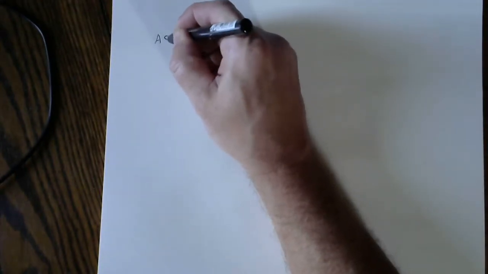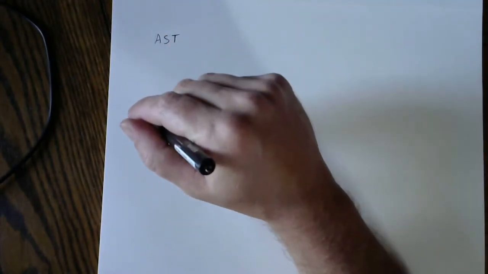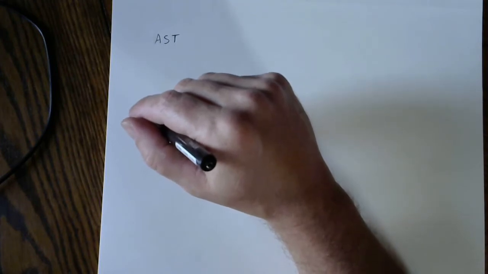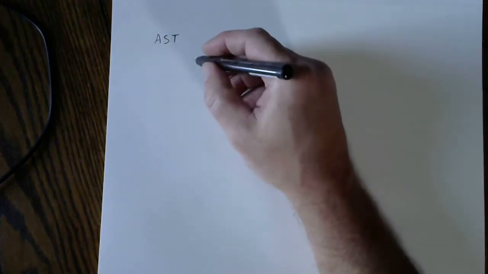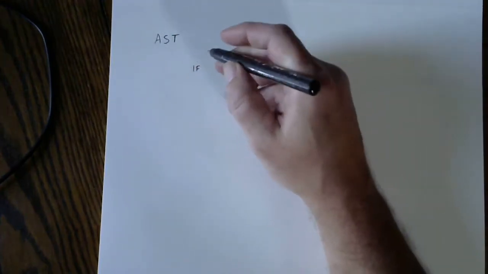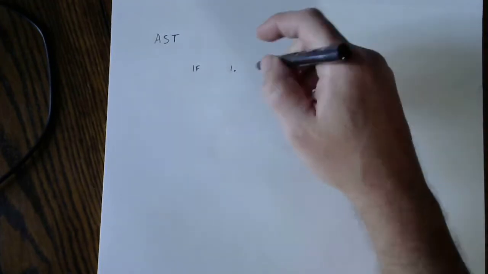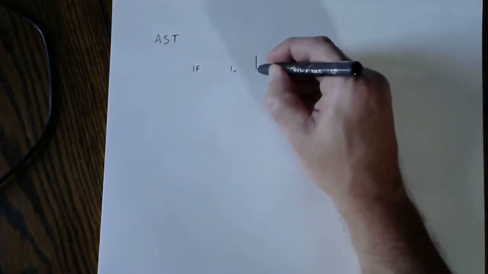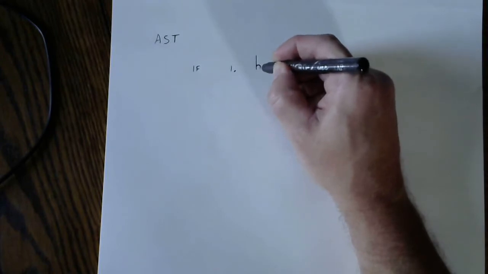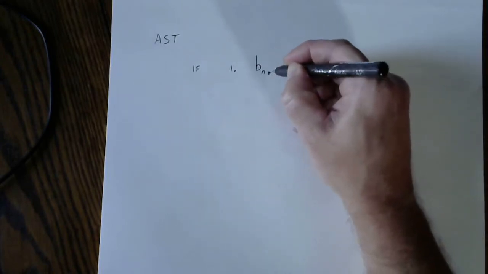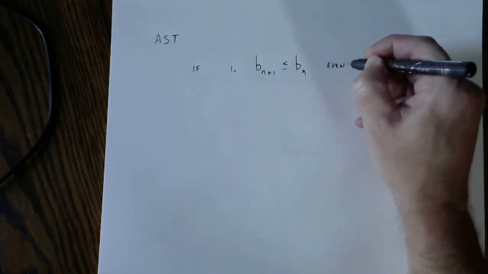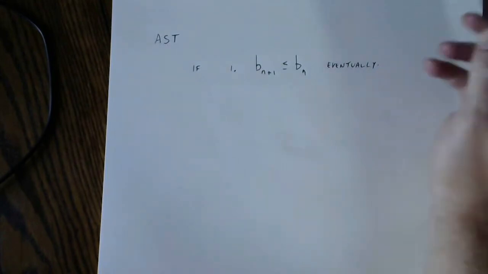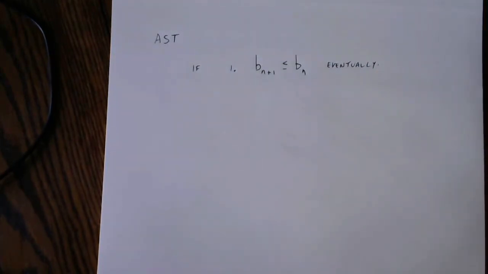I'm going to abbreviate here AST. And there's two conditions. Condition one: what this indicates is that the terms, the things you're adding up, are decreasing.